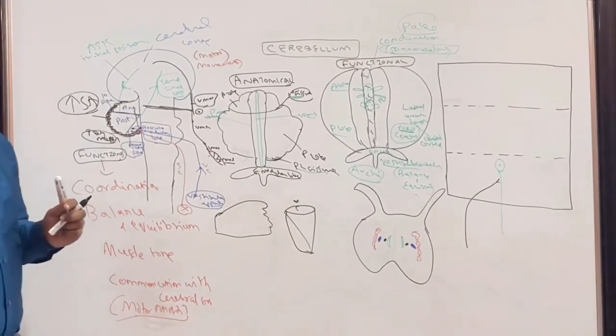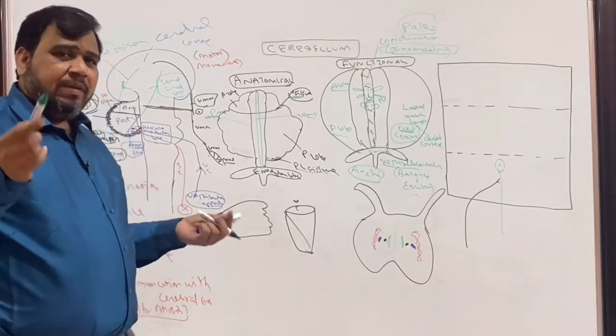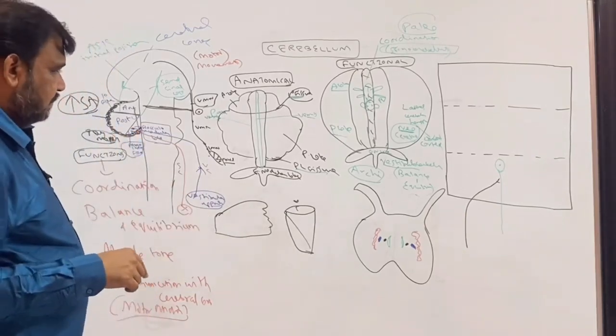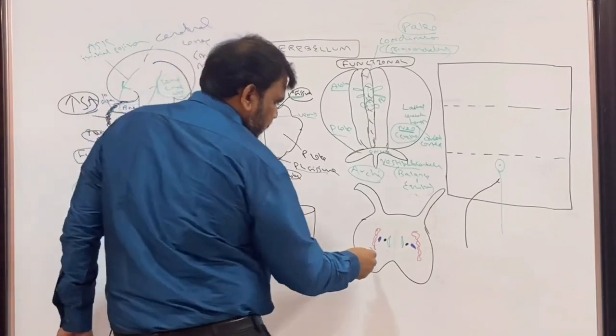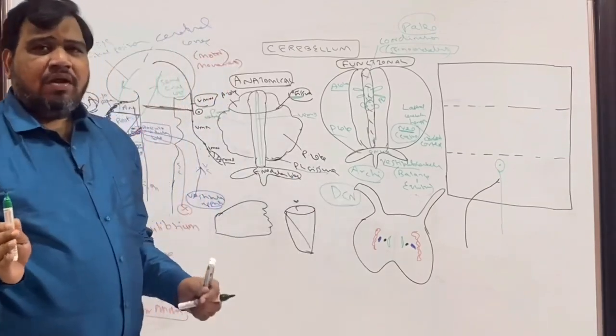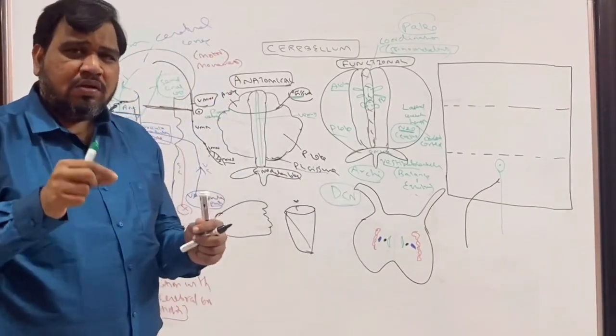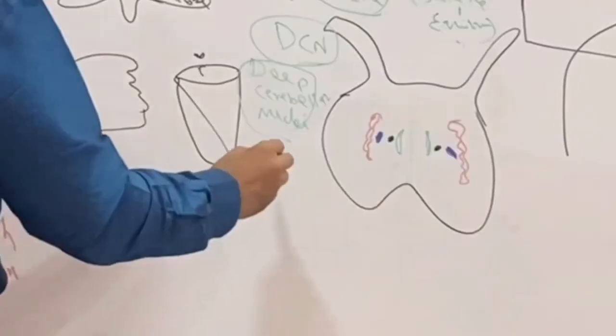With this background, we will go into the deep cerebellar nuclei, which I have drawn here. Deep cerebellar nuclei are the output from the cerebellum.